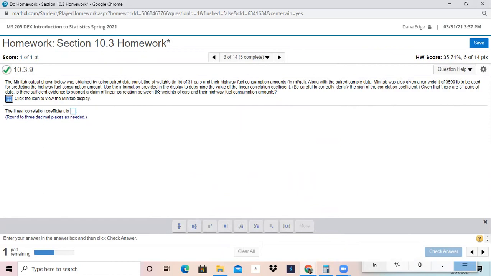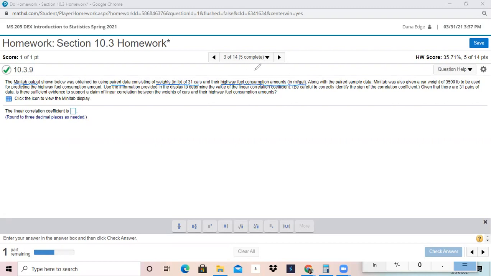In this problem, they've given us some output from a Minitab, which is somewhat similar to StatCrunch. It is another way of getting the same information. So we have paired data consisting of the weights in pounds of 31 cars and their highway fuel consumption amounts in miles per gallon.